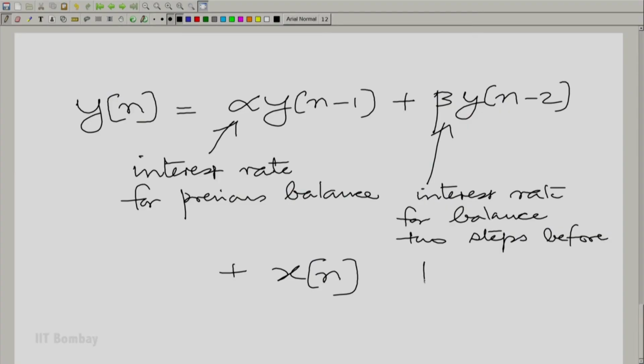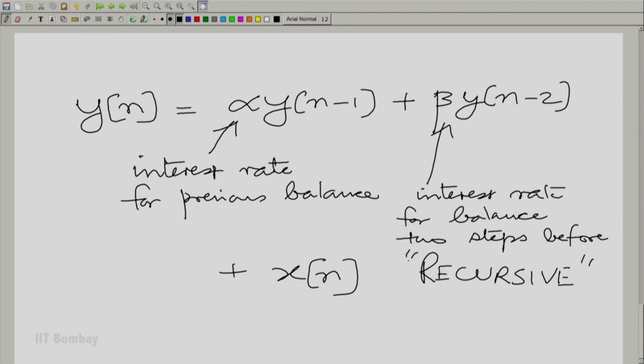Now let me give you another example. You see, this is one example of a discrete system where you have the output depending on its own past. It is an example of what is called a recursive system. The output depends on its own past.